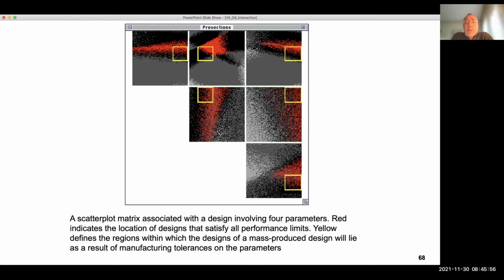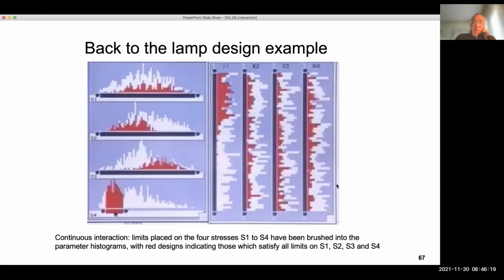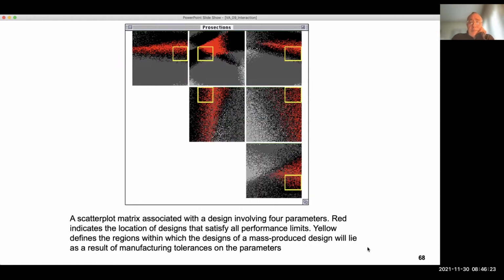If you are in a real production, you will never get an exactly manufactured item. You will have some tolerance about that. And here you see Bob Spence was using the scatter plot matrix as a plume with the stress combination: we have S1, S2, S3, S4.